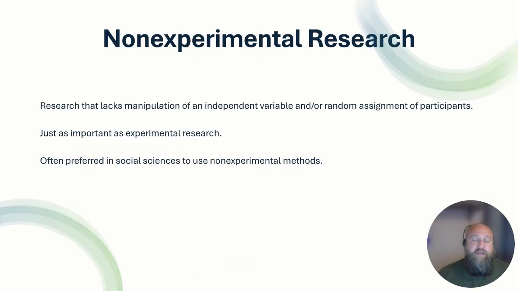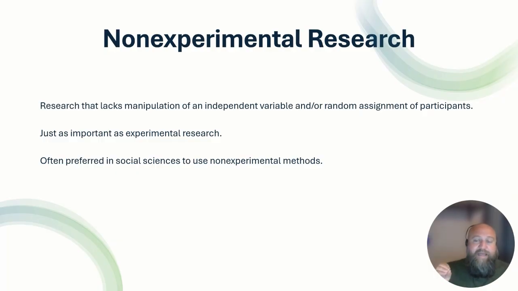So as I mentioned, oftentimes in social sciences, it's really difficult to actually do studies that are 100% experimental in nature. Experiments are the gold standard, right? That shows cause and effect, but it's just very difficult sometimes to do that. And I'll give you some examples as I go through these. So that brings us up to the non-experimental research, of which there are several different types.